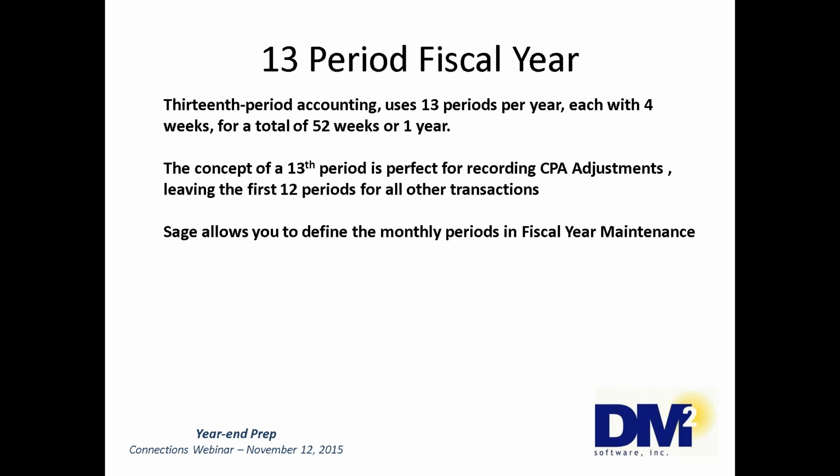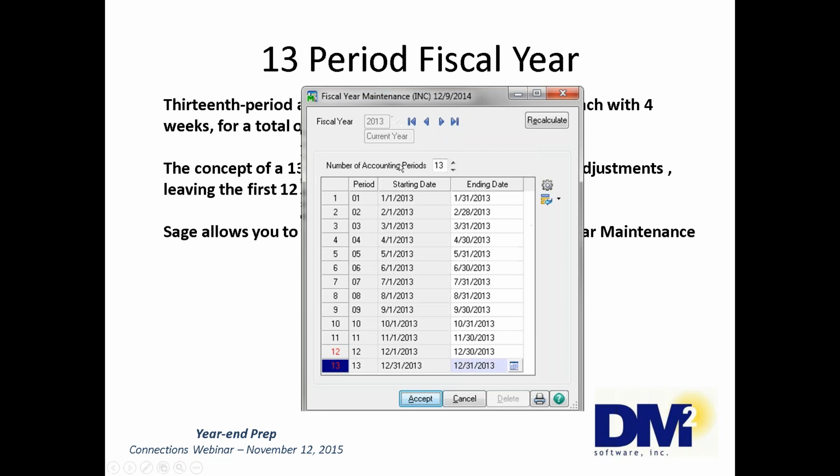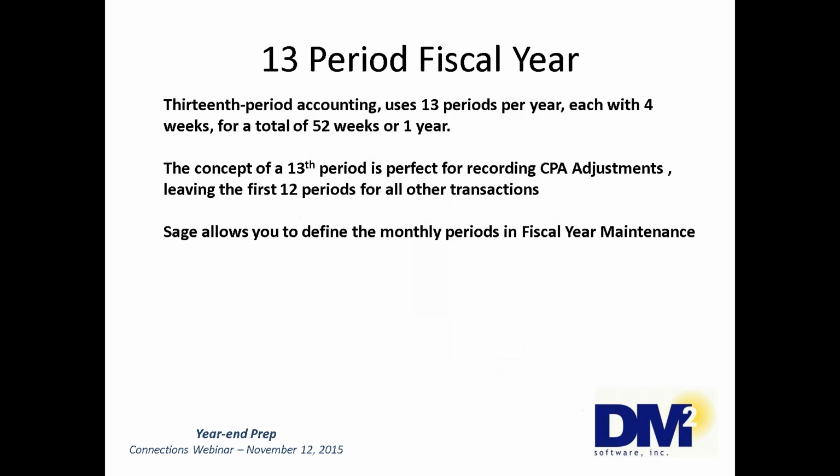So you can define monthly periods in your fiscal year maintenance, and essentially a 13th period would look something like this. So we've got 1 through 12, so that's January 1st to 12/30, and then 12/31 is your 13th period. Any transactions that are made for those adjustments would go in, or even 12/31 would go into that 13th period.